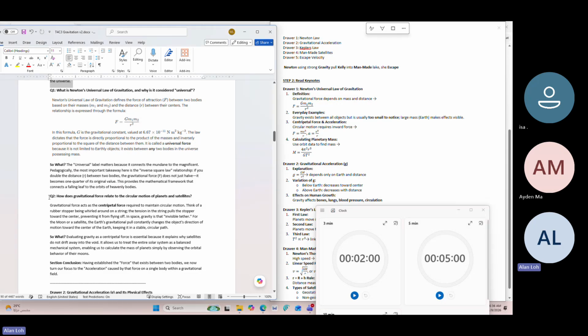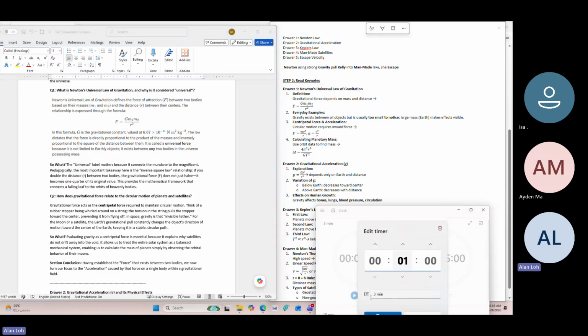So let's continue. This question 2 is about centripetal force. It's here, point number 3. Okay. So let's do 1 minute. I think 2 minutes is too much.